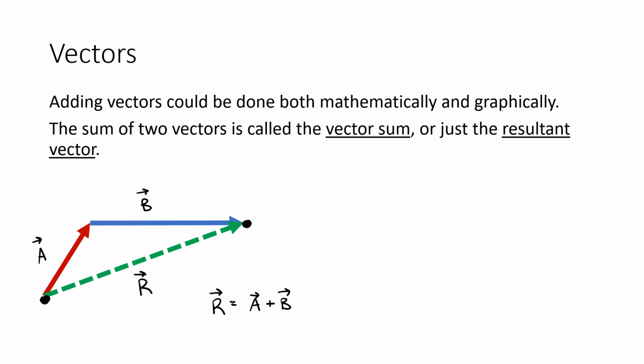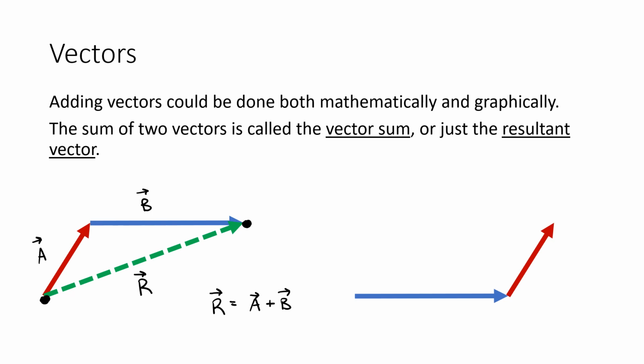All right, what if I switch the order though? What if I do vector B first and then A, like this? This is the really nice thing about vectors. Remember, the direction is important.